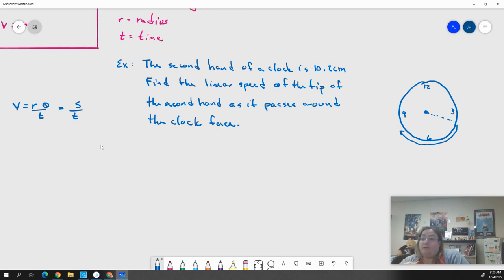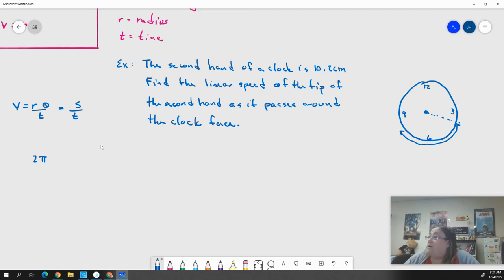What we do know in terms of how it goes all the way around the clock is that one full rotation around the clock is 2 pi. It's 360 degrees or 2 pi. So for it to go all the way around back to here, it's going to travel 2 pi every minute.